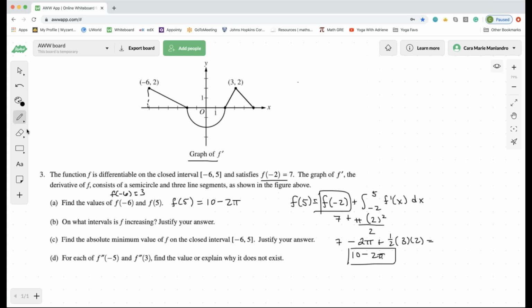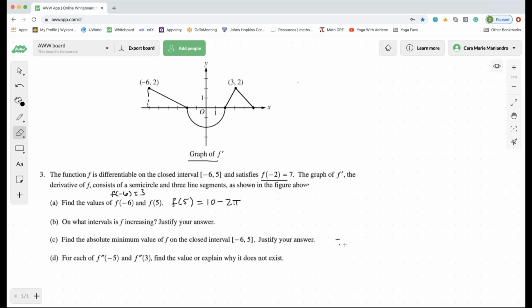We know that it's essentially increasing on the intervals that we just found, right? So let's go ahead and actually just say that. f is increasing when f prime of x is greater than 0.